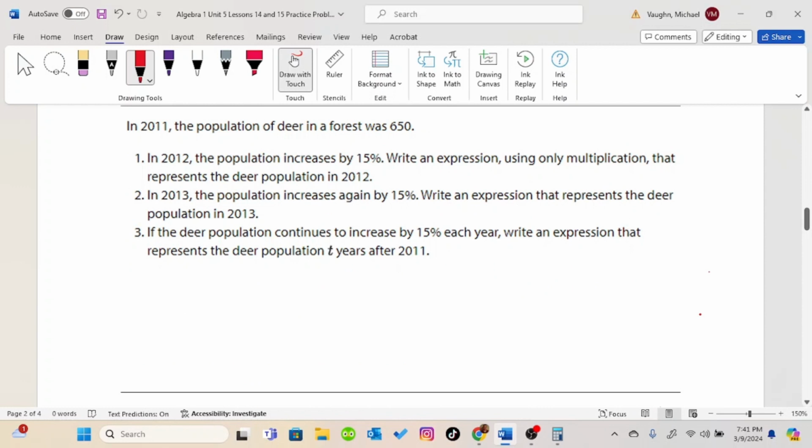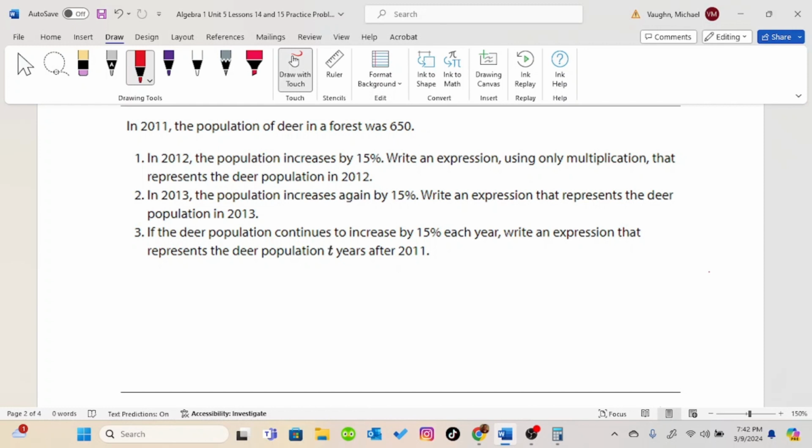In 2011, the population of deer in a forest was 650. Number 1. In 2012, the population increases by 15%. Write an expression using only multiplication that represents the deer population in 2012.